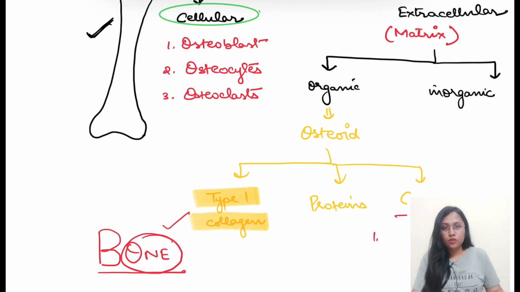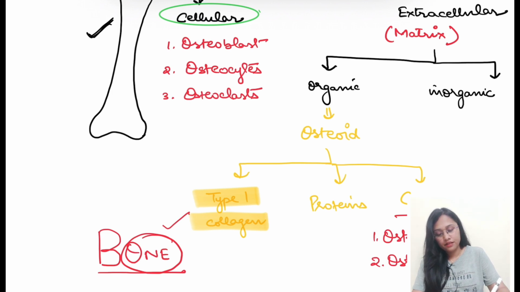Now what are the glycoproteins? These are important. You have to remember their names. They are osteopontin and osteocalcin. Now what is the inorganic component?